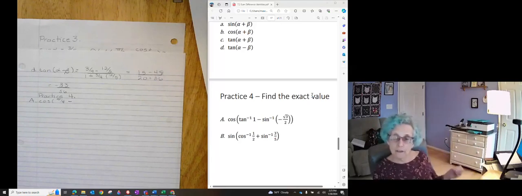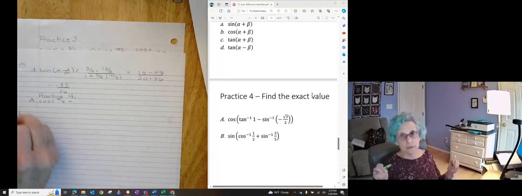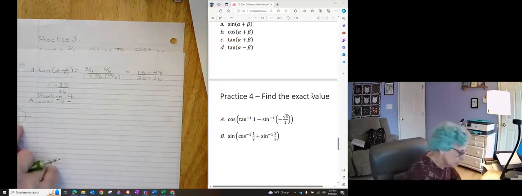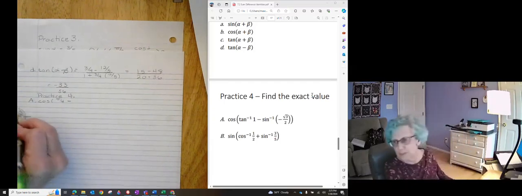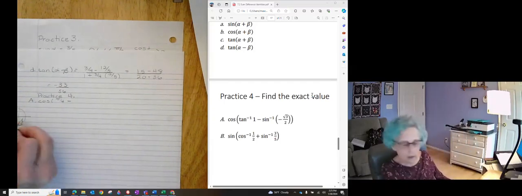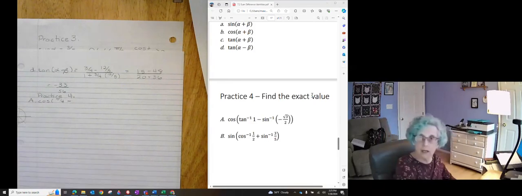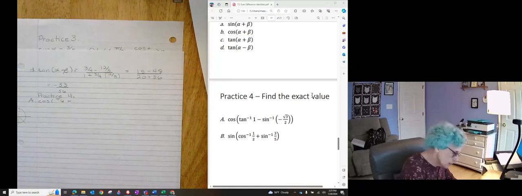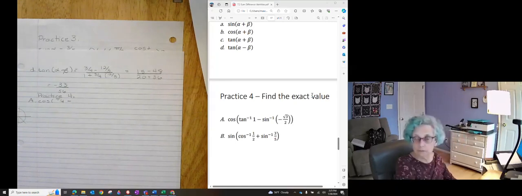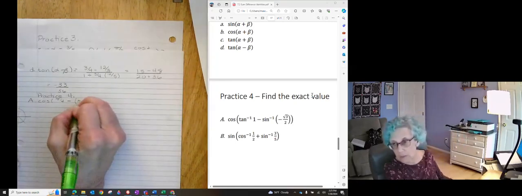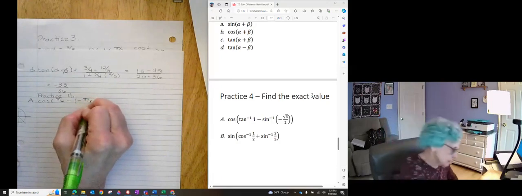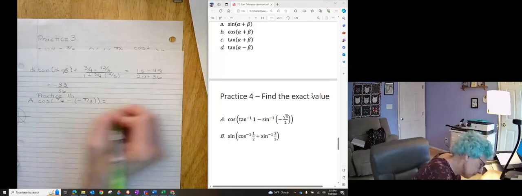And the inverse tangent of negative square root of 3 over 2, remember, inverse sine lives on the right-hand side of the unit circle. So it would be negative square root of 3 over 2, so it would be negative pi over 3.